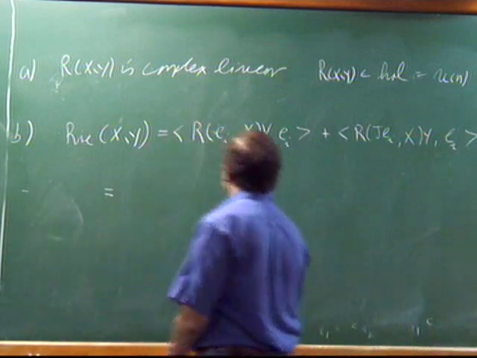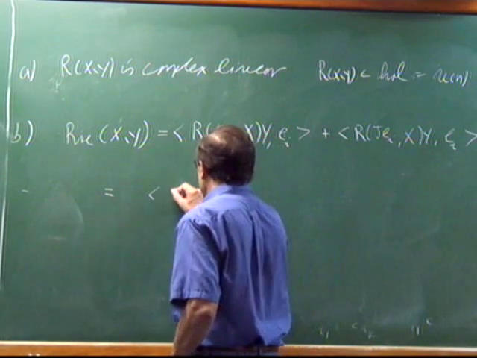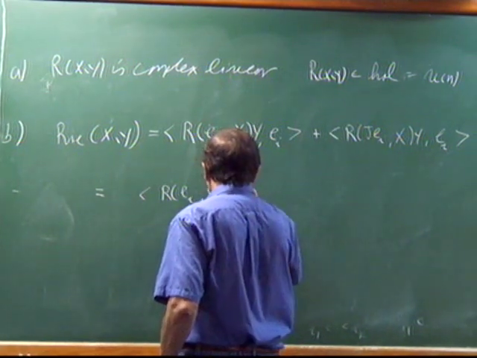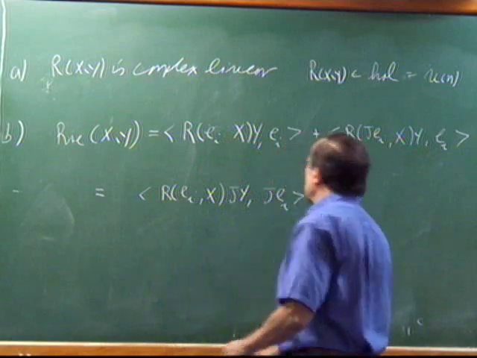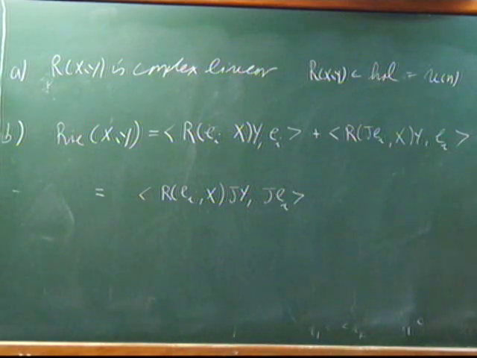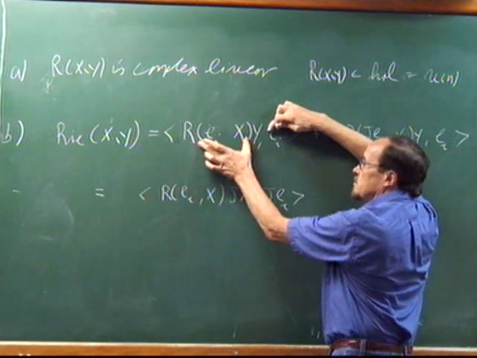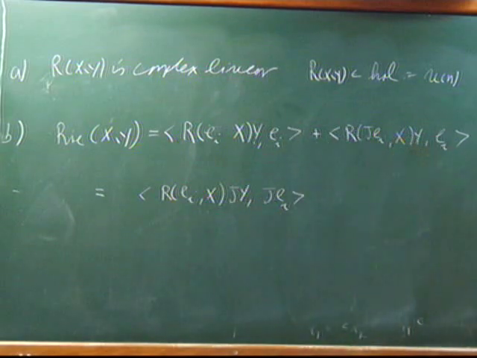Now I rewrite this a little bit. I claim this is the same thing as R(e_i, X, JY, Je_i). Why is that? Well, first J is an isometry, so I can put it here and here. Then this is complex linear, so I can put it here also. So that's what I did in this step.